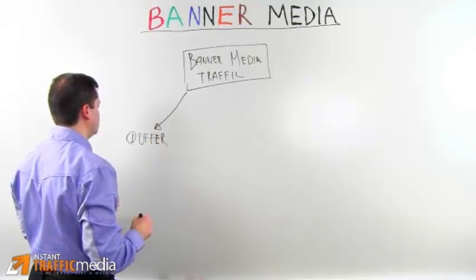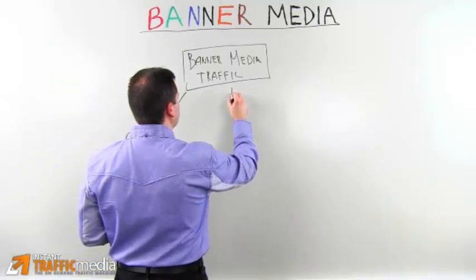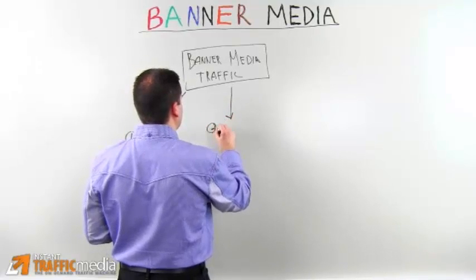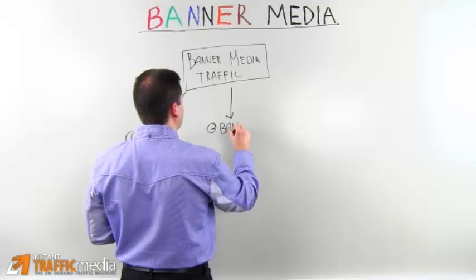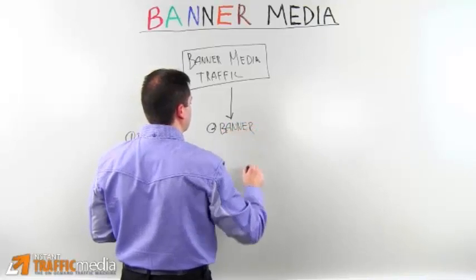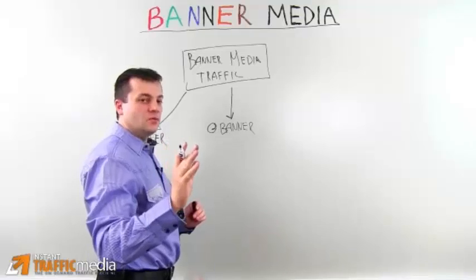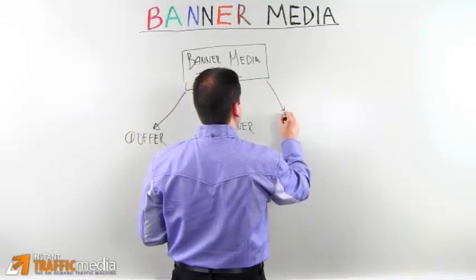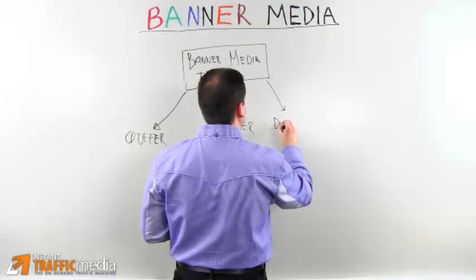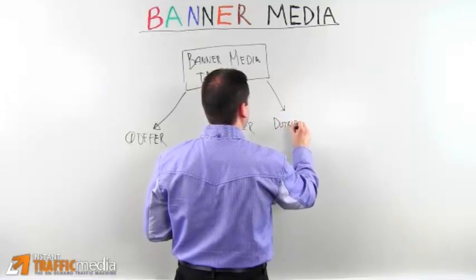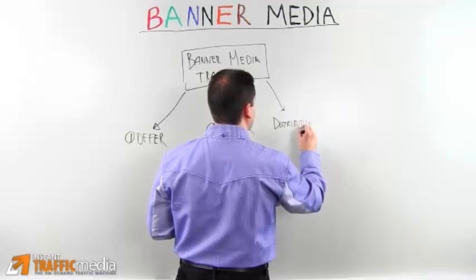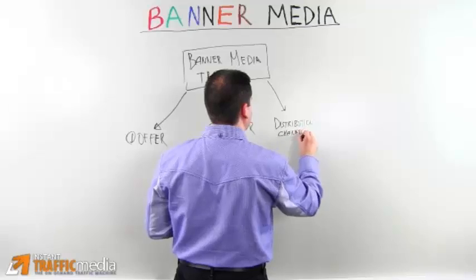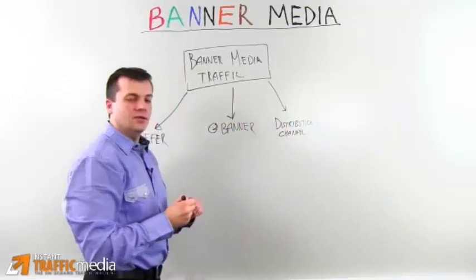All right. Offer. Second thing we need is, of course, our banner. Okay. And the last thing, thing number 3, is we need the good old distribution channel, okay?